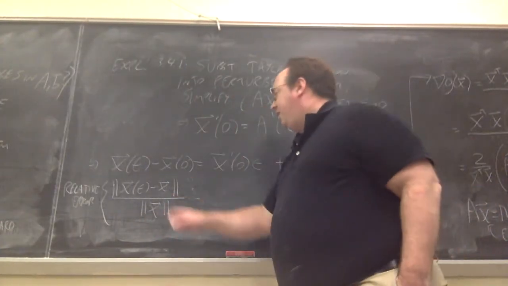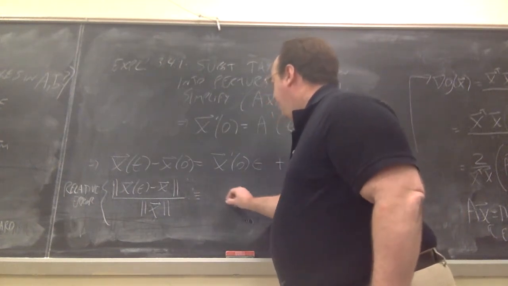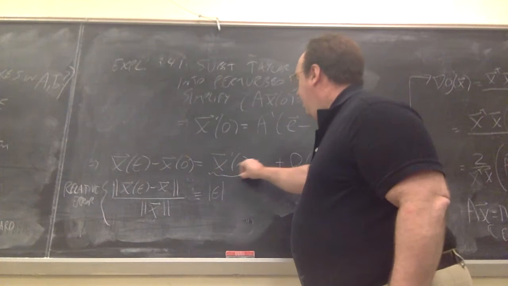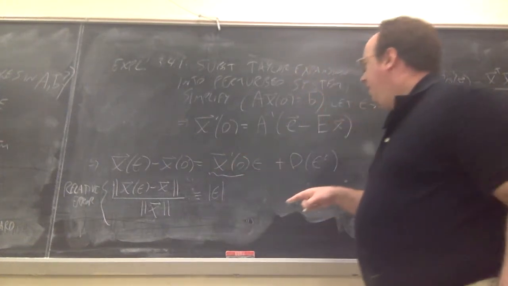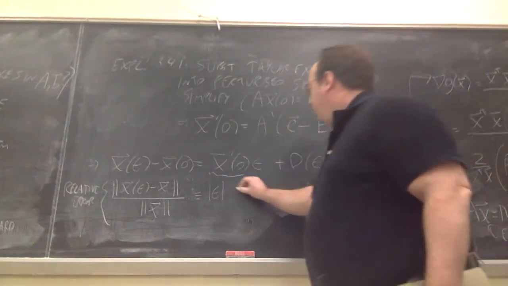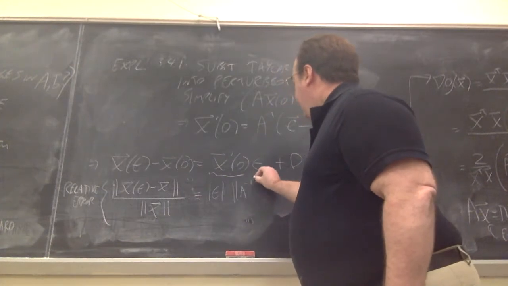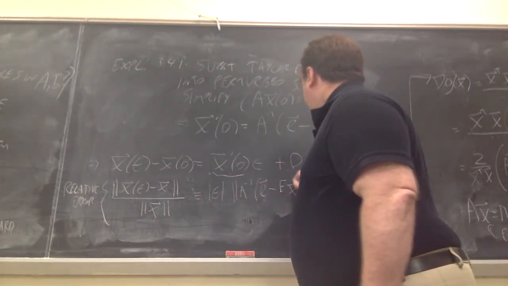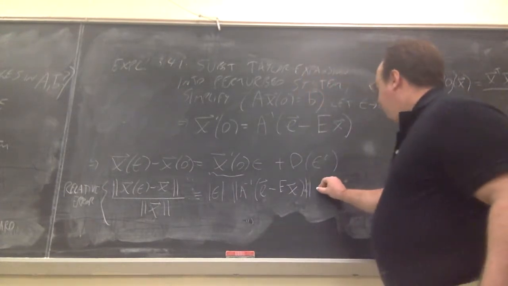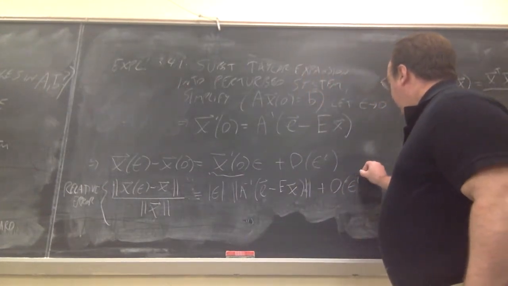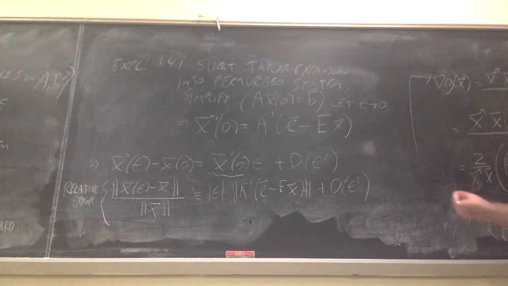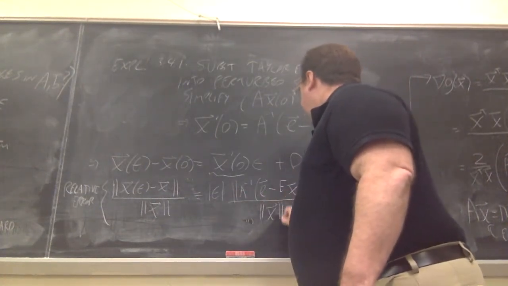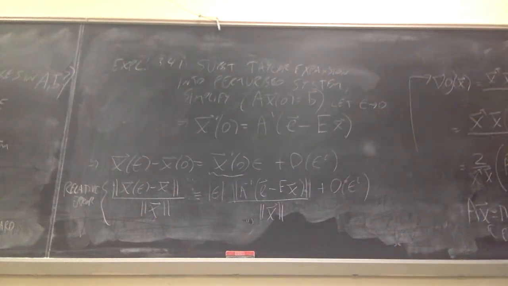So the norm of the left side must equal the norm of the right side. So that would be absolute value of epsilon times the norm of this. But that's going to be this right here. So I'll just fill that in. A inverse E minus EX plus negligible stuff. Oh, and I'm dividing by the norm of x. I did that on the left side too. Okay.